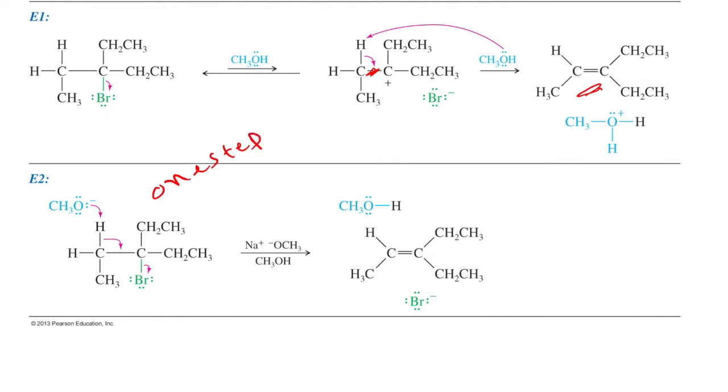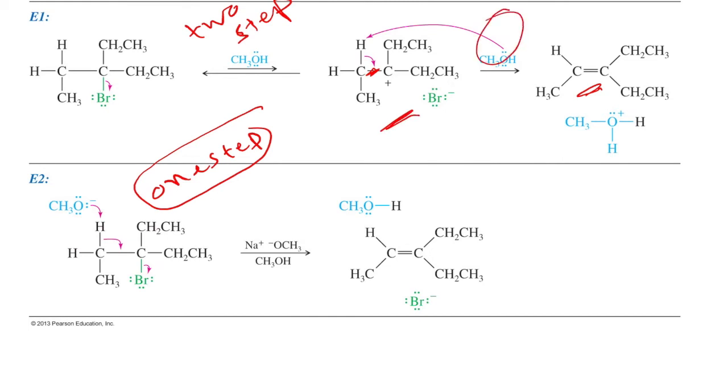This is one step. This is two steps. Okay guys, step 1 cation formation, step 2 abstraction. But in one step, this goes away, this comes here, this hydrogen will go. When will the E1 take place, when will the E2 take place?